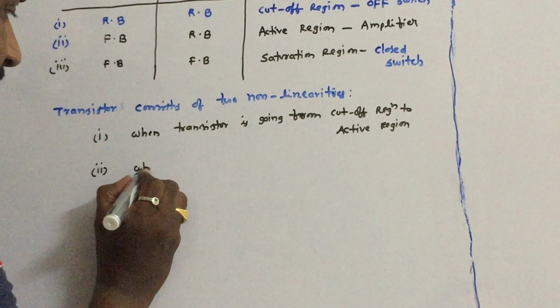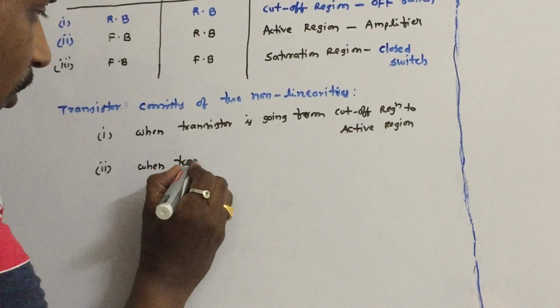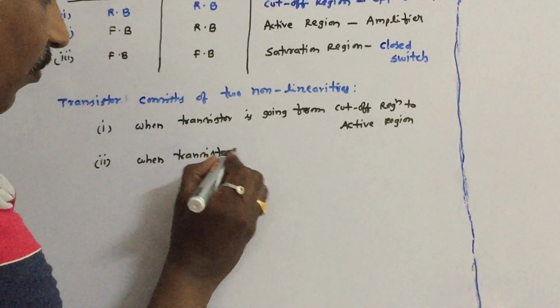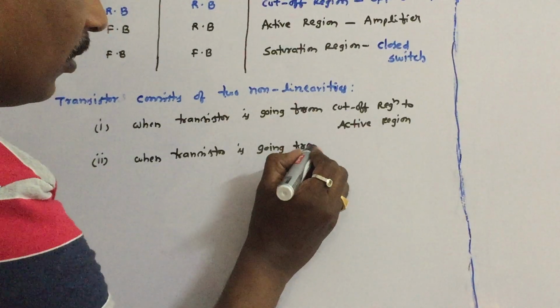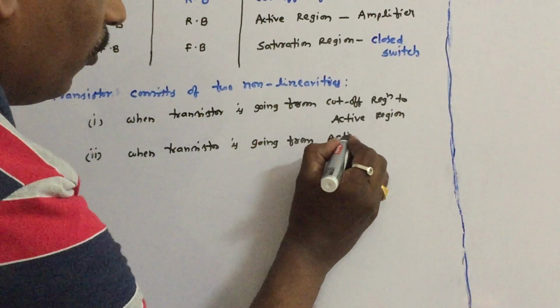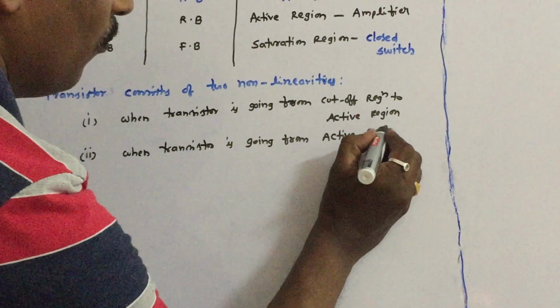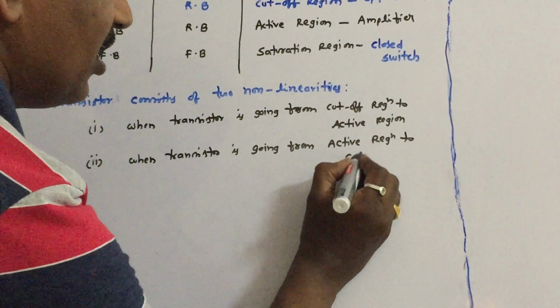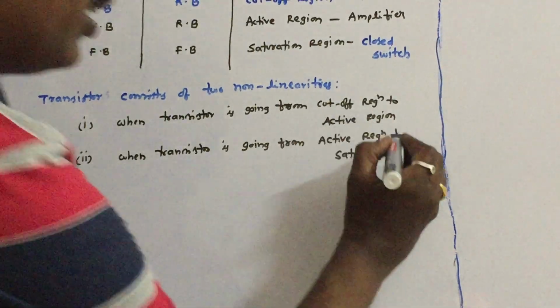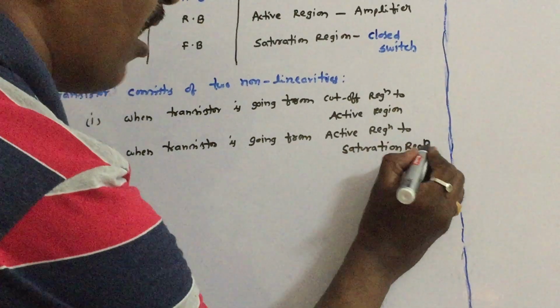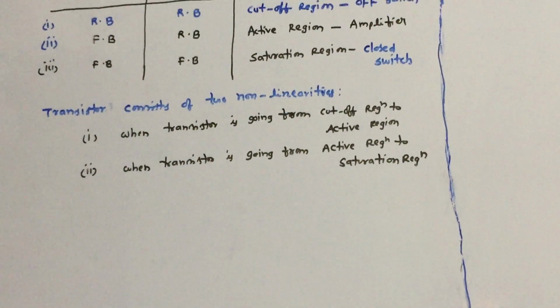The other is when the transistor is driven from active region to saturation region. This will bring another non-linearity to the transistor.